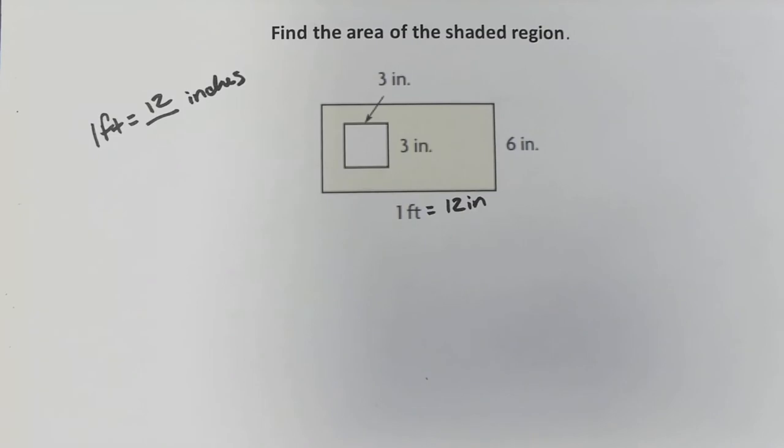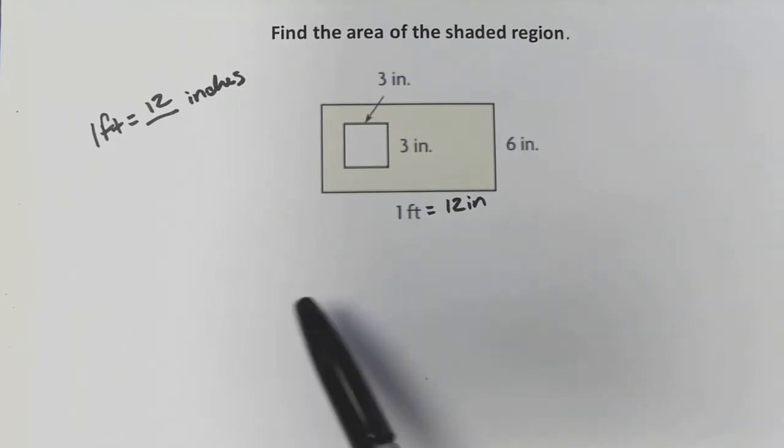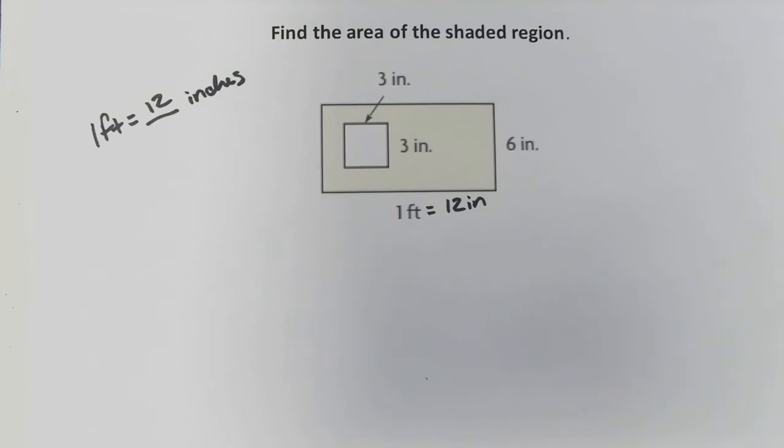So the other observation concerns the square on the inside. We need to figure out how to take the area of a square out of the figure. What operation allows us to do that? I agree, subtraction. So we would have to use subtraction in this one. So what is the problem asking us to find?